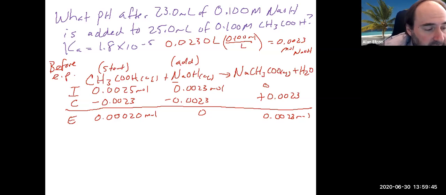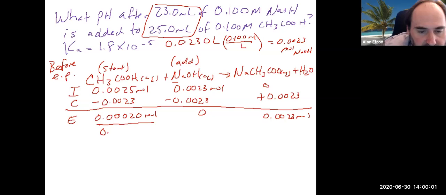So at this point, we do want to convert it back to molarity. The first table here is in moles, and afterwards we want to convert back to molarity. We've got our 25 and 23, which is 48 milliliters of total volume. When we add these together, it gives us 48 milliliters, which means we want to divide by 0.048 liters.